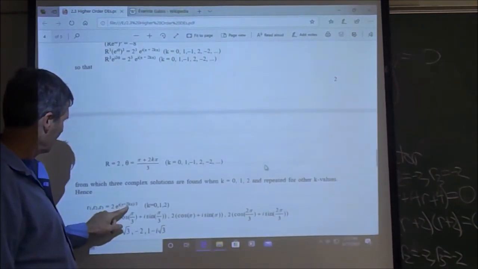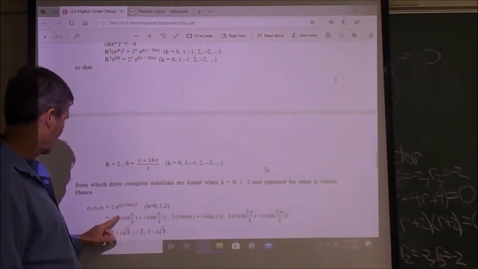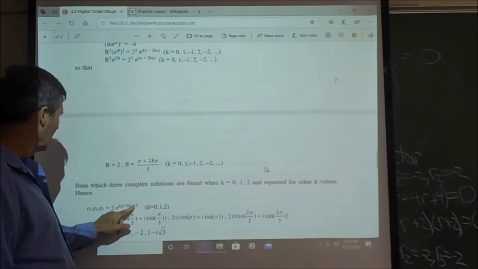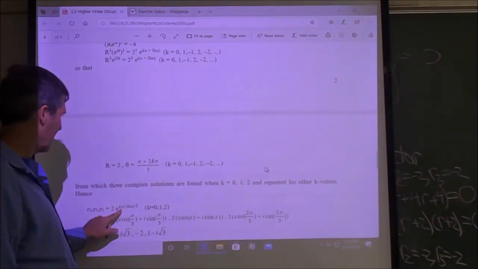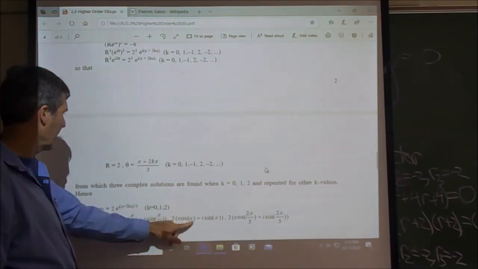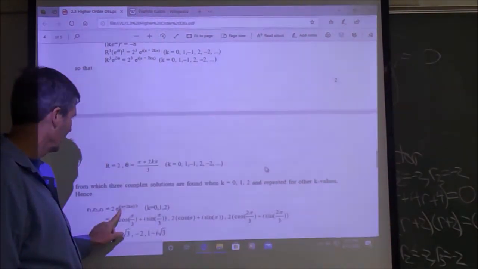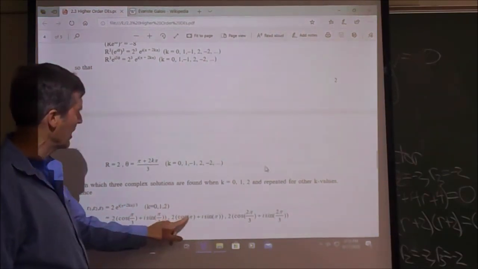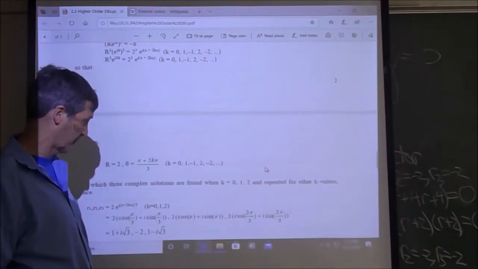If you put in k equals 1, then this becomes 2 pi plus pi over 3, which is 3 pi over 3, or pi, and so you get twice cosine pi plus i sine pi, since e to the i pi is cosine pi plus i sine pi by Euler's formula.